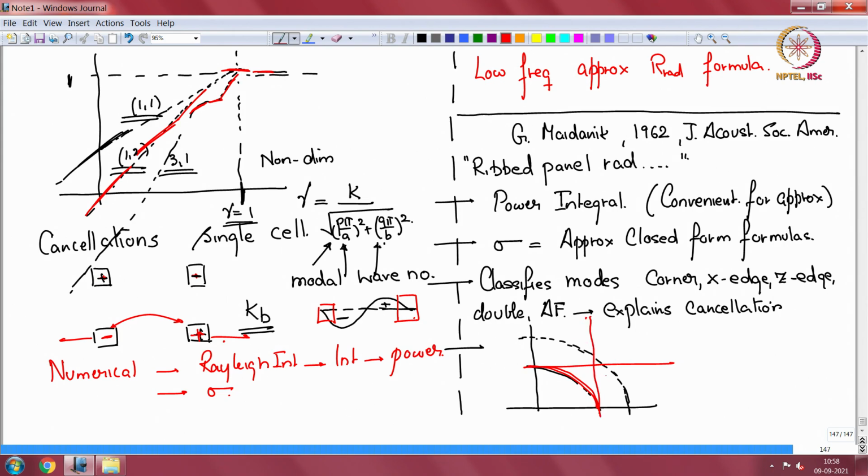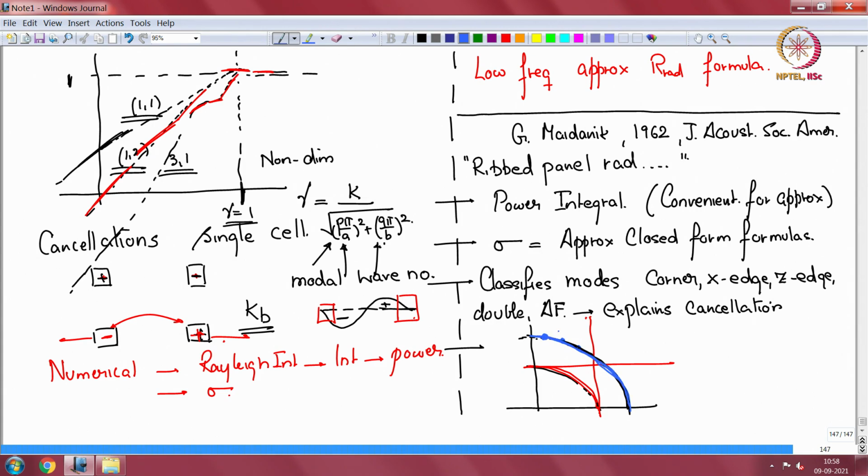And on this line he assumes that it is studded with modes, not as discrete points as we saw earlier, but a continuous distribution of modes with equal energies.